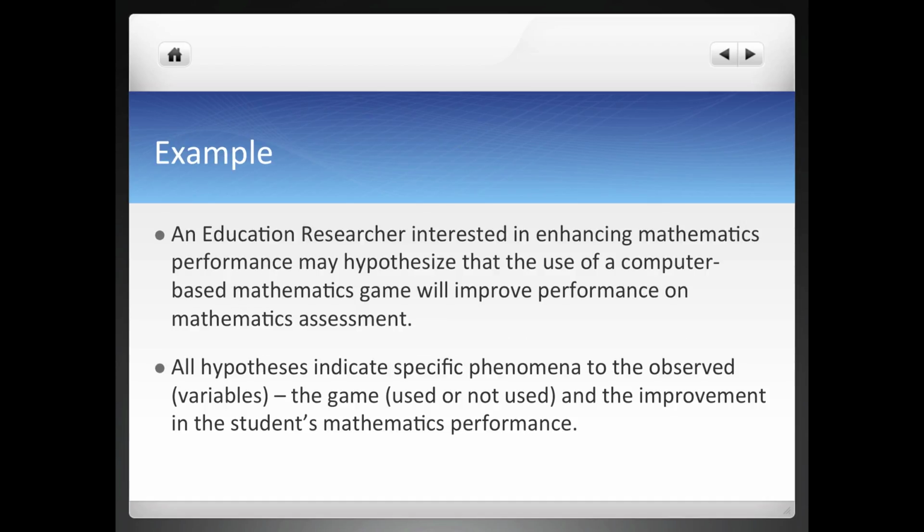So an example, a couple of things come to mind that are relevant in what I'm doing right now, and this is not one of them. But let's say an education researcher wanted to gain information or knowledge about the use of a computer-based mathematics game on learning mathematics. The hypothesis would be related to the observed variables, which in this case would be the game, whether it was used or not used.